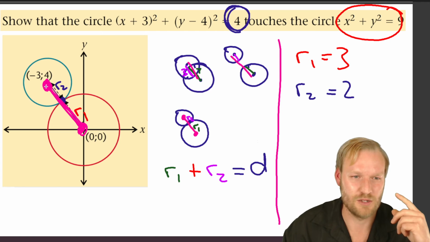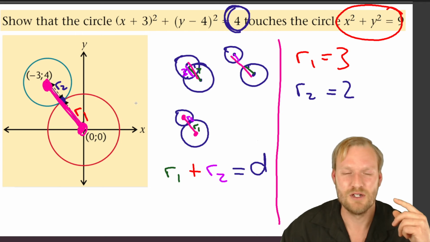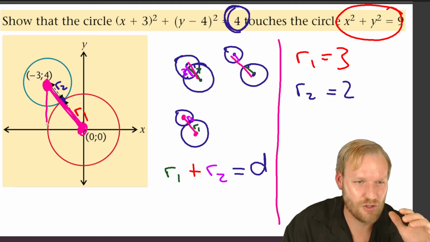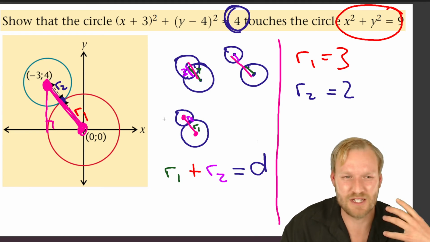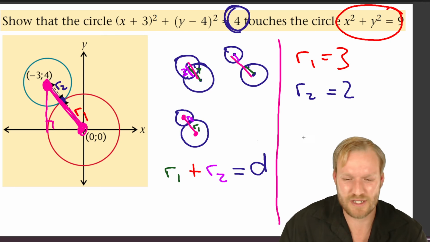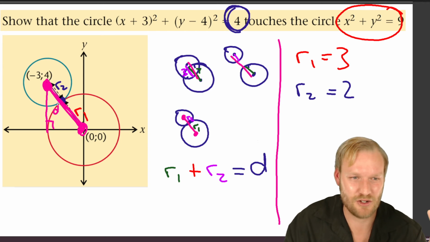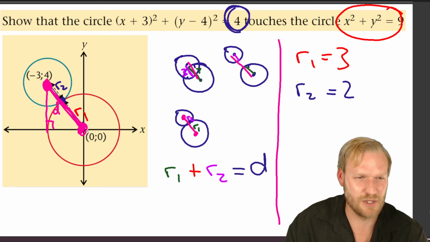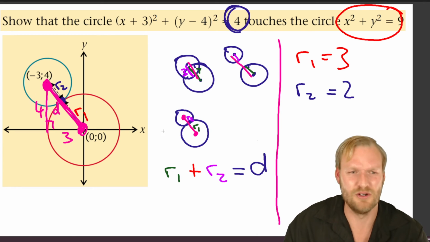How are we going to work out what the entire distance is between these two centers? Well, I can imagine you might say, draw a triangle and use Pythagoras. Maybe you said use the distance formula. Of course, they're going to be the same thing. So let's call that whole distance d. In fact, we can probably see it because this distance here is 3 and this distance is 4. So therefore, what is the value of d?